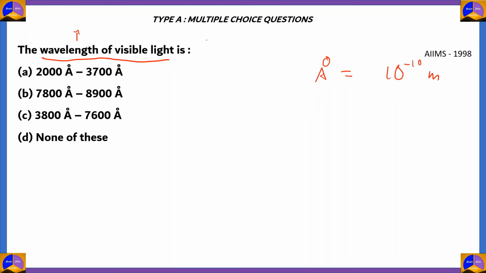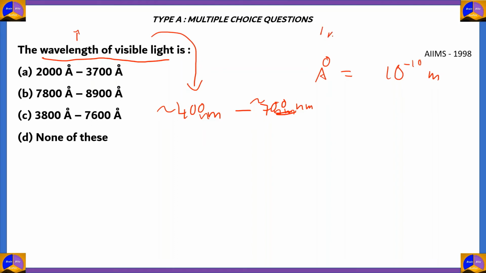Now, when we studied about visible light, we're made to remember that the wavelength of the visible light is 400 nanometers to 700 nanometers. So these are approximate values. They can differ a little bit. But over here, the units are different. So let's convert nanometers into angstroms.